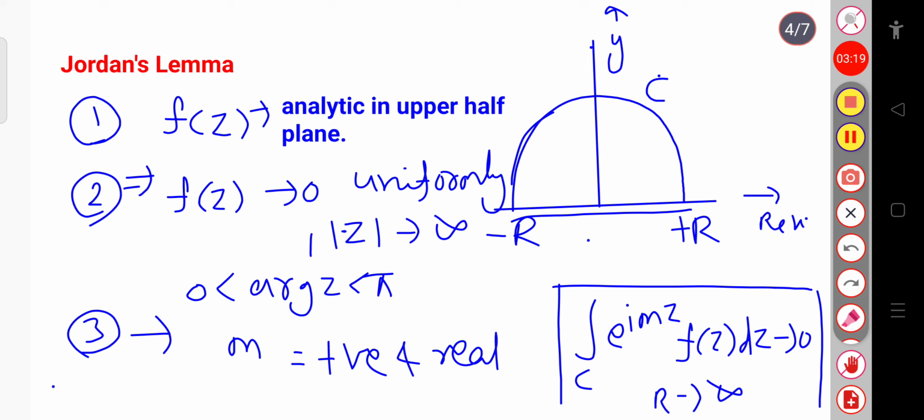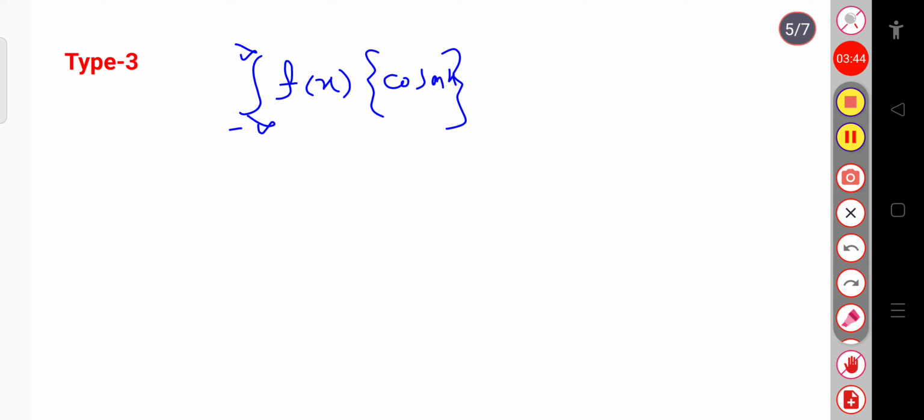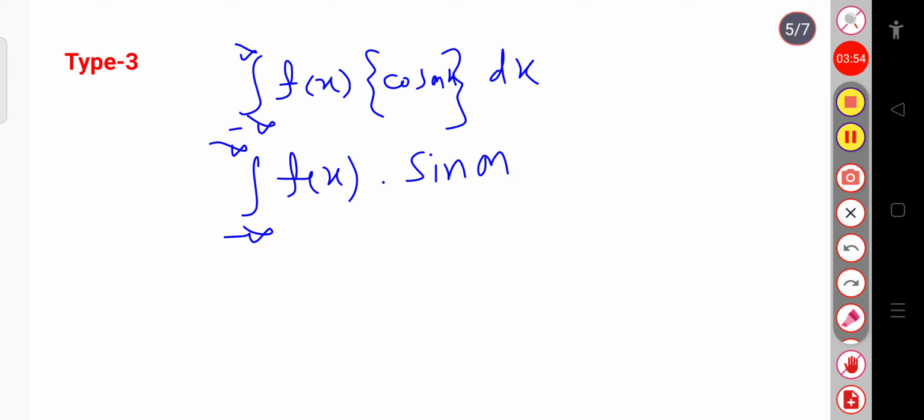We are going to apply this lemma in our third type of definite integral. So let us see type 3. Here the limits vary from minus infinity to plus infinity, and the integrand is f of x multiplied by cosine mx dx, or the integration over minus infinity to plus infinity of f of x into sine mx dx, or it may be a combination of both.